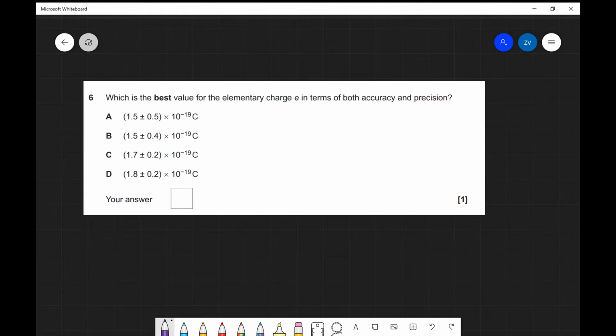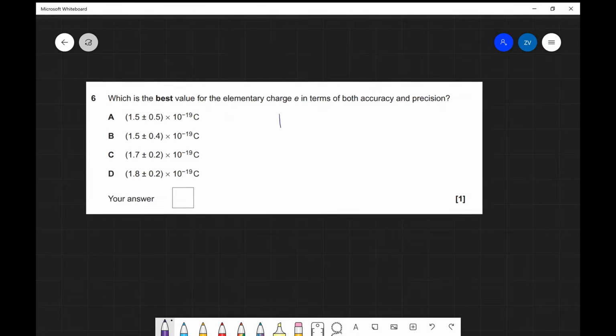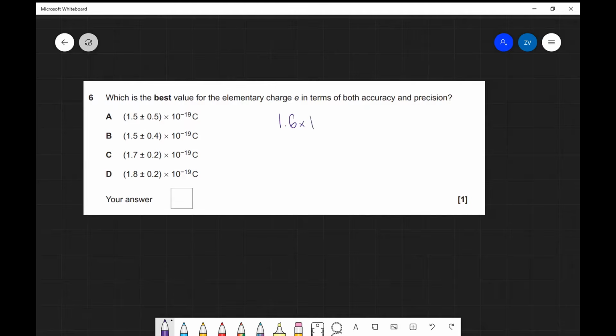Which is the best value for the elementary charge E in terms of both accuracy and precision? So that's question 6. Okay, well, as given in our formula booklets, the elementary charge is 1.6 multiplied by 10 to the power of minus 19, and we have quite a lot of absolute uncertainties.